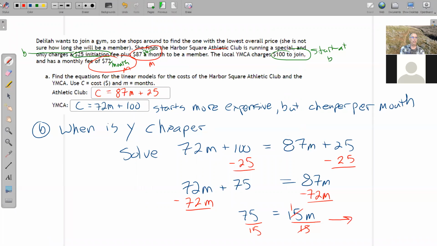And 75 over 15 is 5. So it looks like at 5 months, they will be the same cost.